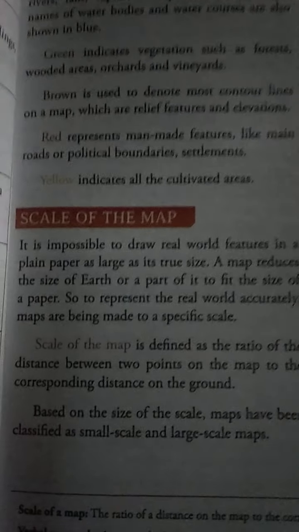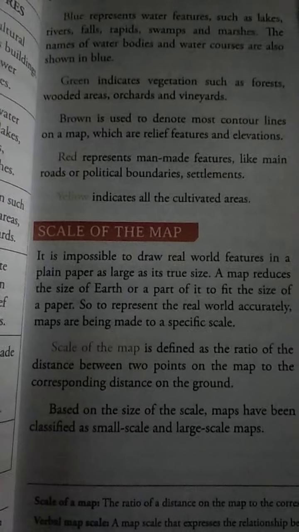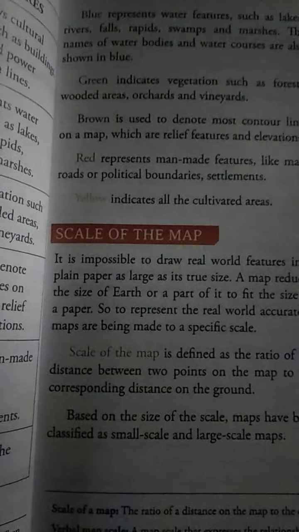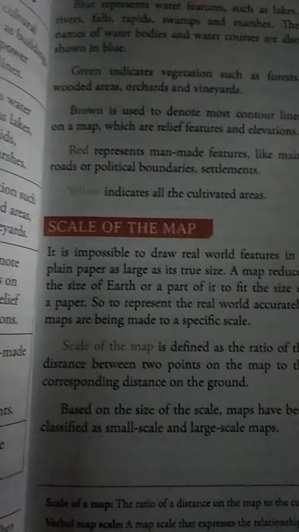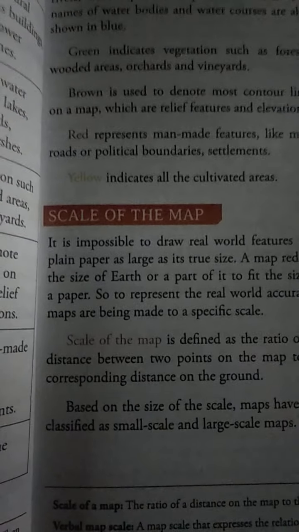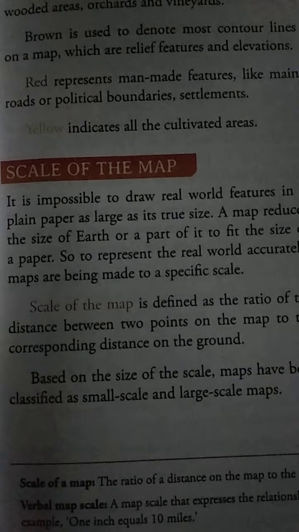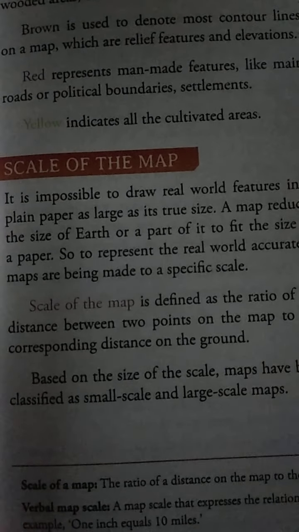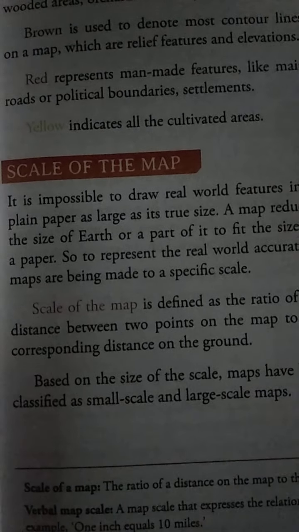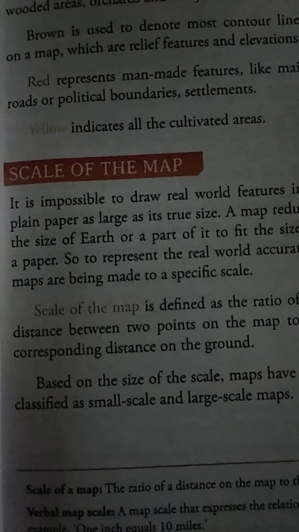Now scale. What is scale? Scale gives us an idea about the distance of the original place. For that, there is a calculation which helps us to know the distance originally. Map scales are made by a specific scale.